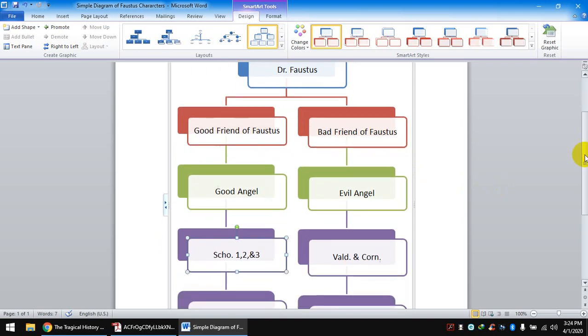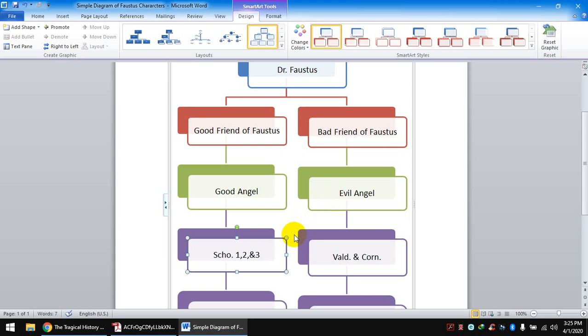So in the first scene, we saw the fictitious characters, the good angel and the evil angel. The good angel advised Dr. Faustus to read the scripture and to flee from the wrath of God, while the evil angel tempted him with controlling and commanding this world, and to be like Jove on earth.